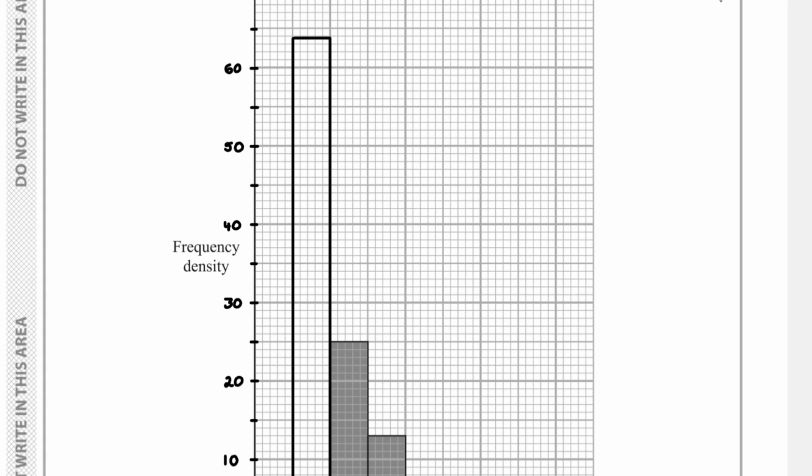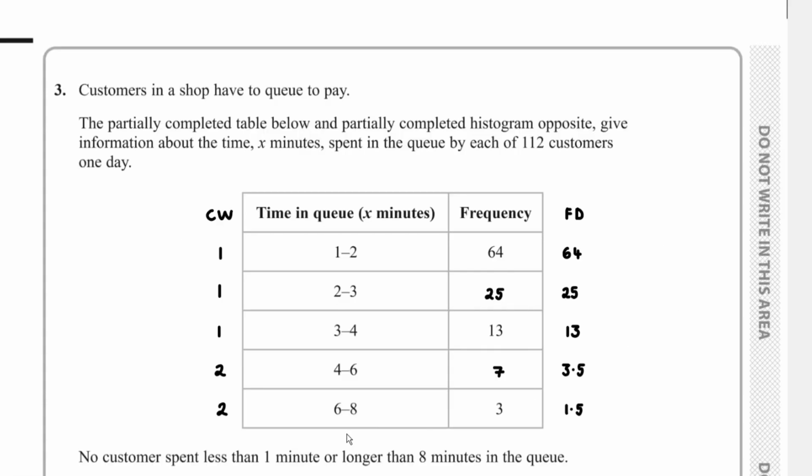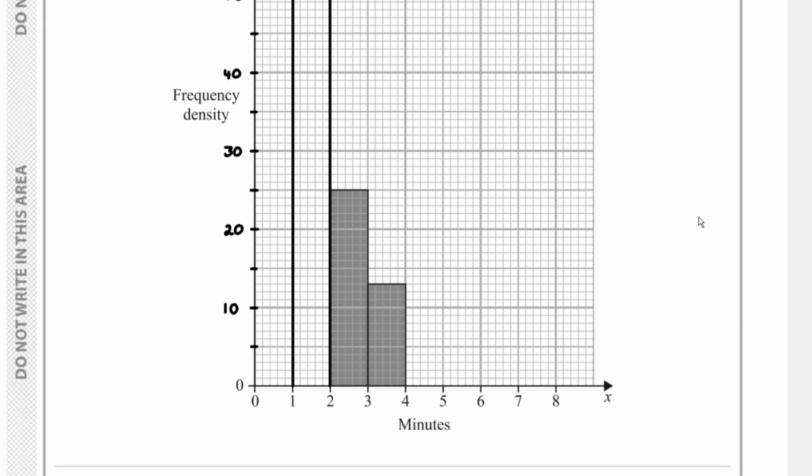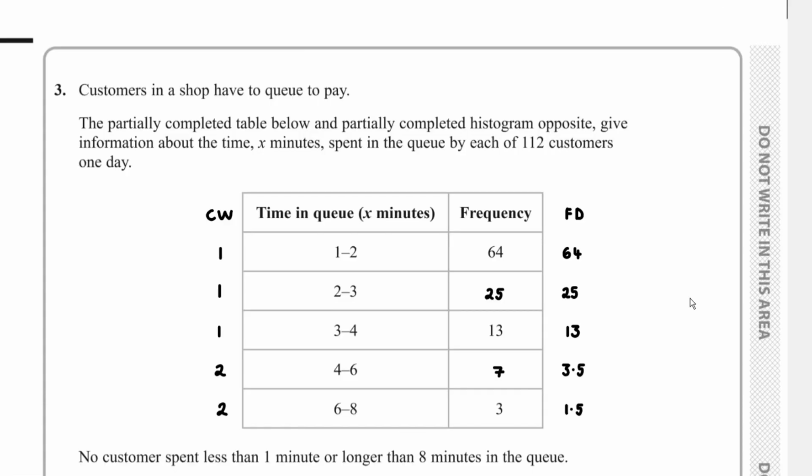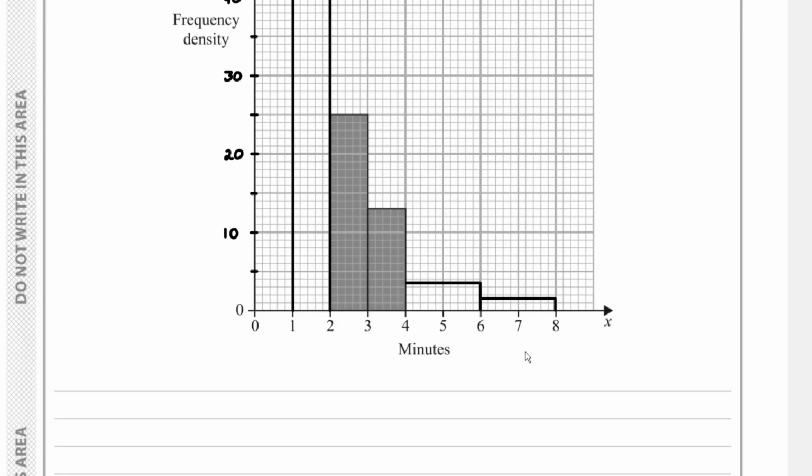That is shown here. For the interval 4 to 6, we have a frequency density of 3.5. That is shown here. For the interval 6 to 8, we have a frequency density of 1.5. That is shown here.